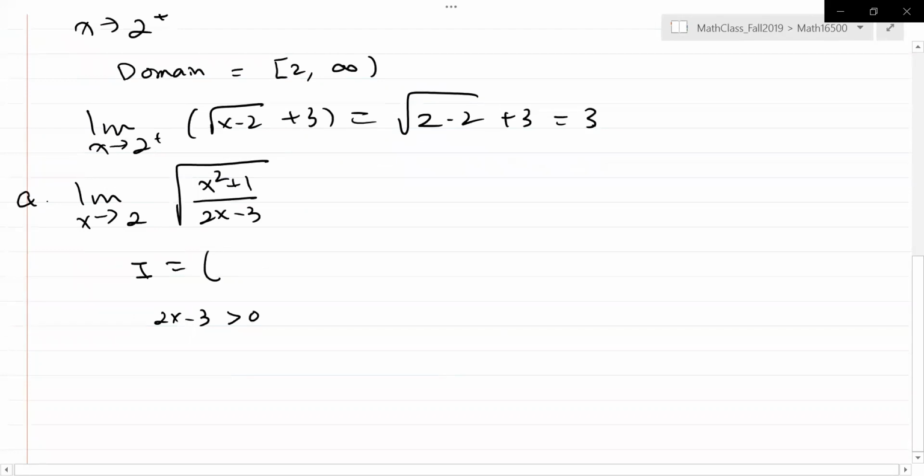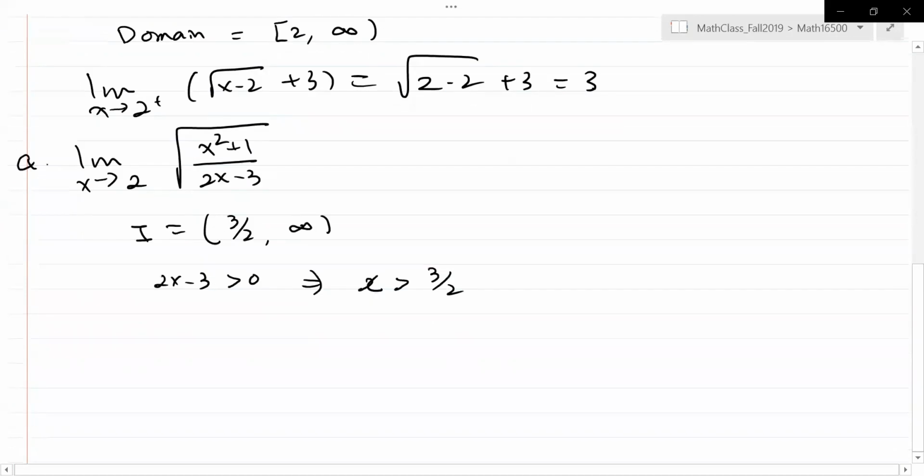All you need is to solve this inequality: 2x minus 3 is greater than 0, so x should be greater than 3/2. So you get the domain, which is the open interval from 3/2 to infinity. But 3/2 is not included in the interval, and the function is not defined at that number.